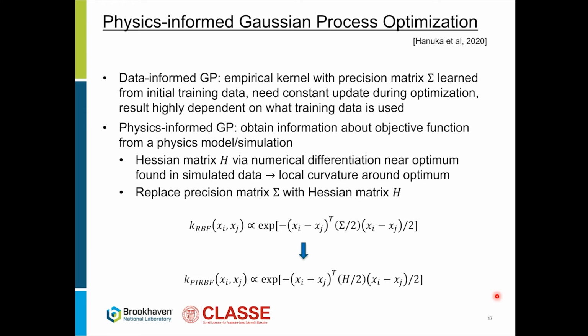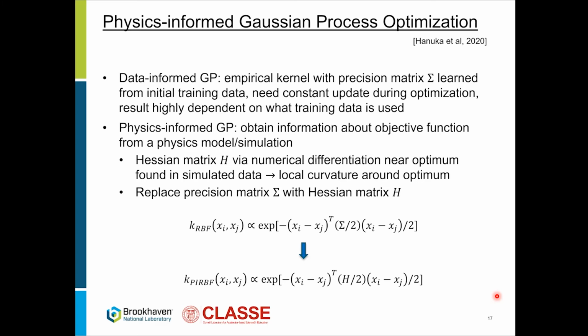However, for the physics-informed GP method, we can obtain information about the objective function from the physics model or a simulation model. What we do here is calculate the Hessian matrix H using numerical differentiation near the optimum found in simulated data.